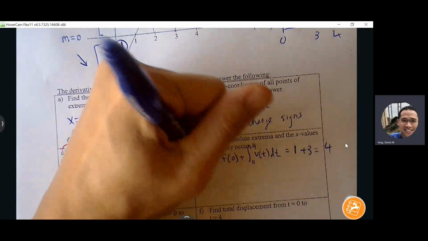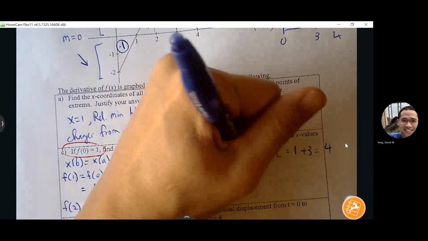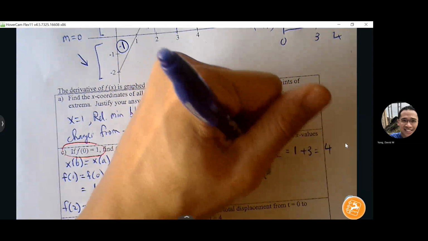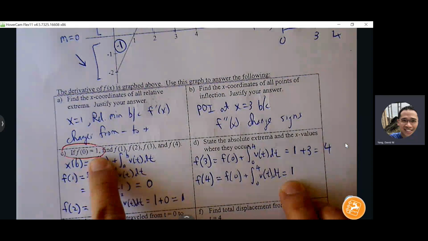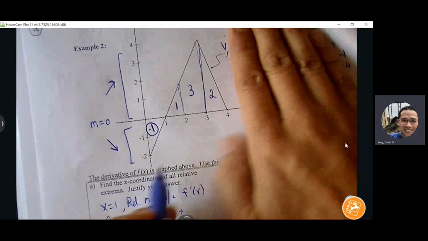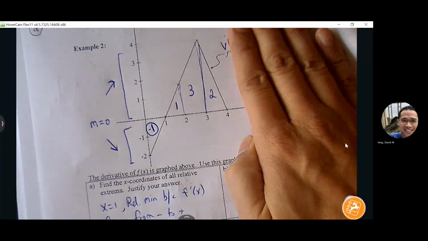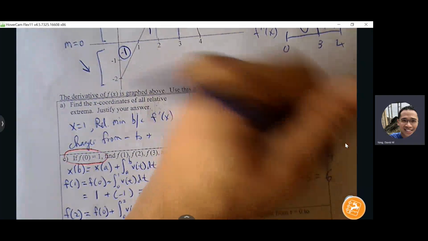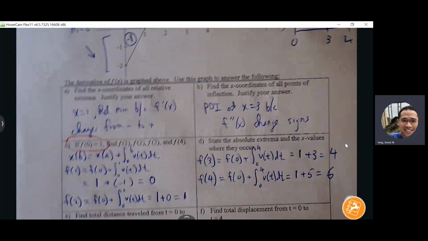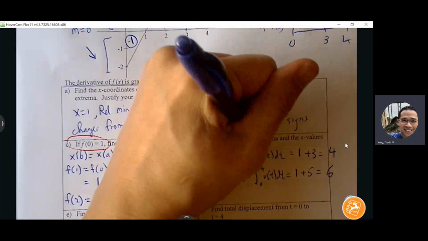Okay, f of 4. Again, I'm starting at position 1 because that's what they tell us. And then from 0 to 4, how much net gain am I going to make? 5 to the right. Sorry, f of 3. Oh, sorry, you're right. 0 to 3. My bad. Thank you. 0 to 3.